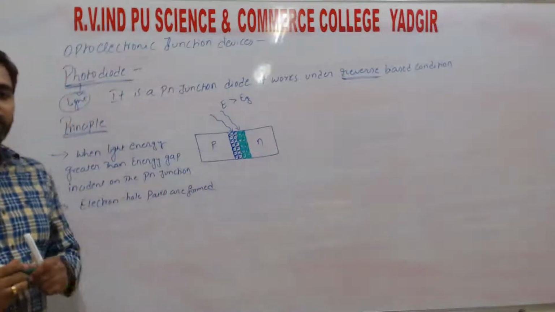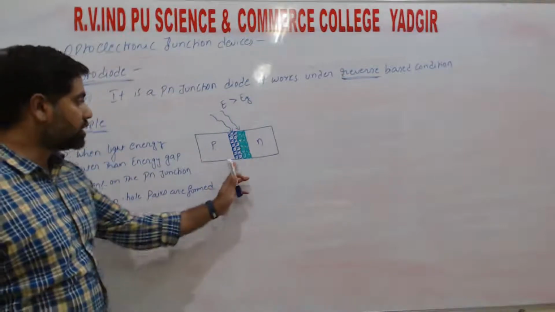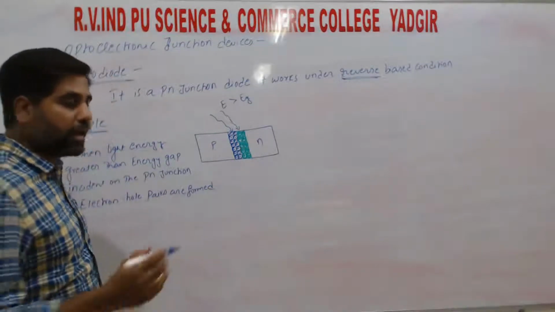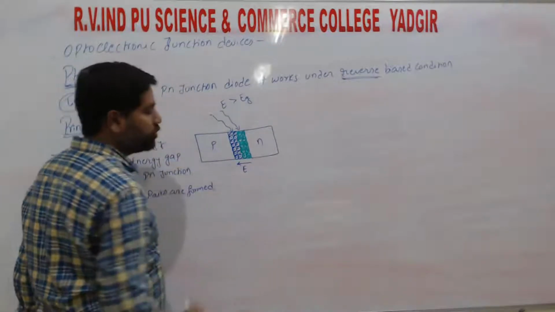Now these two, electrons and holes, that is negatively charged and positively charged, due to this an electric field is formed, from positive charge to the negative charge, right?